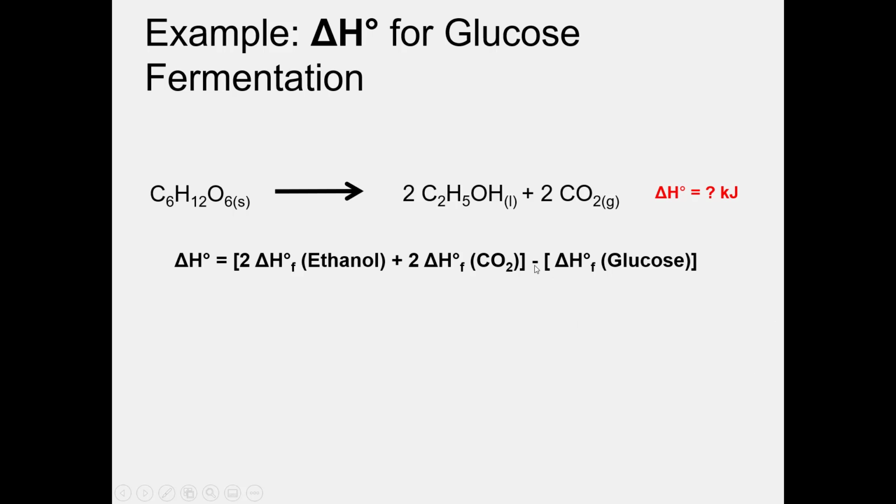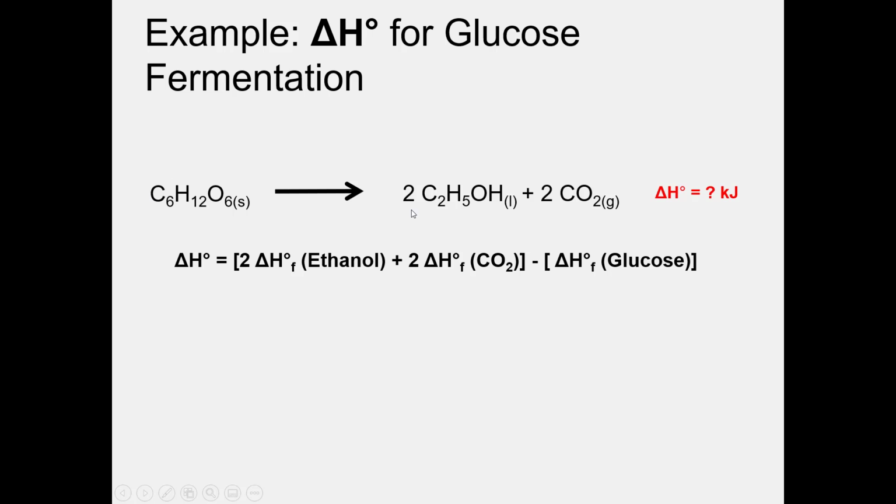And from that, we subtract the enthalpies of the reactants multiplied by their stoichiometric coefficients. So we have to identify our products, and we'll add up their enthalpies of formation first. And then from that, we'll subtract the enthalpies of formation of the reactants.